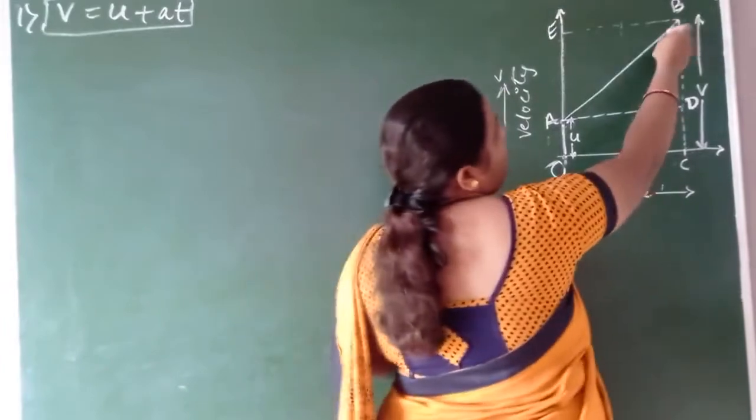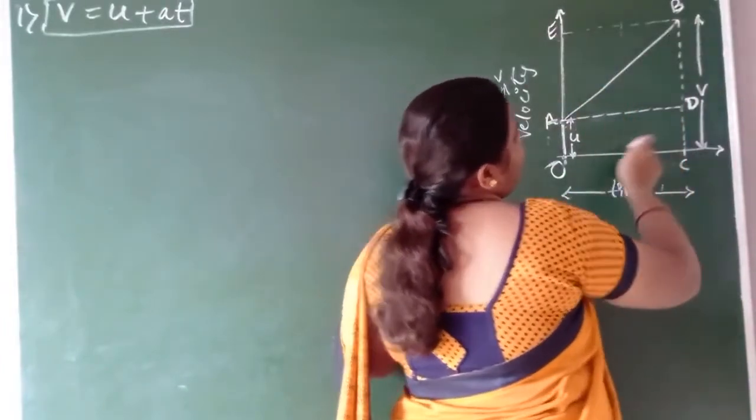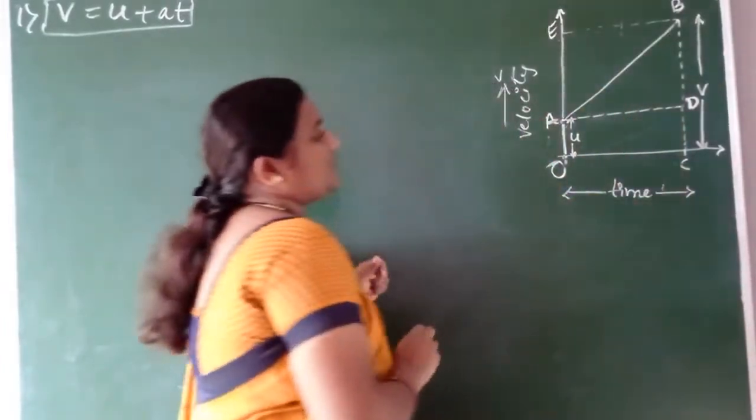We have drawn one perpendicular line and a second one to OC and OA.